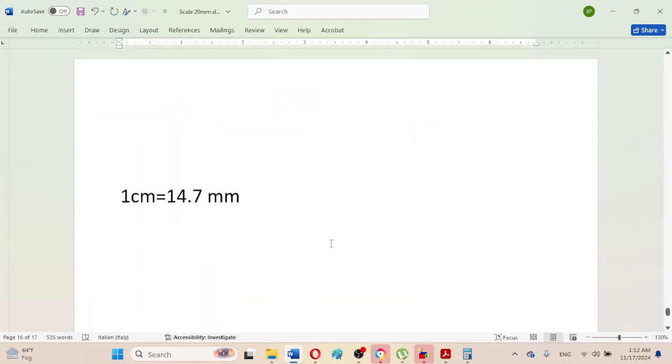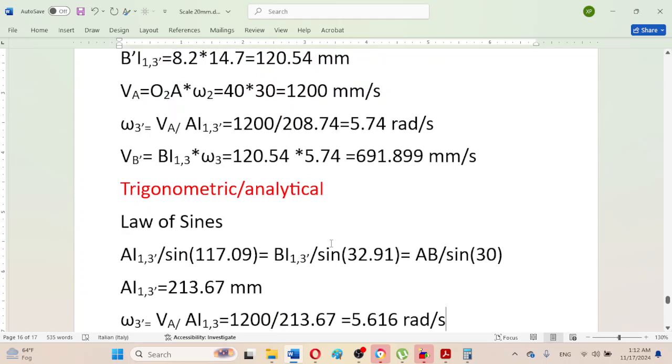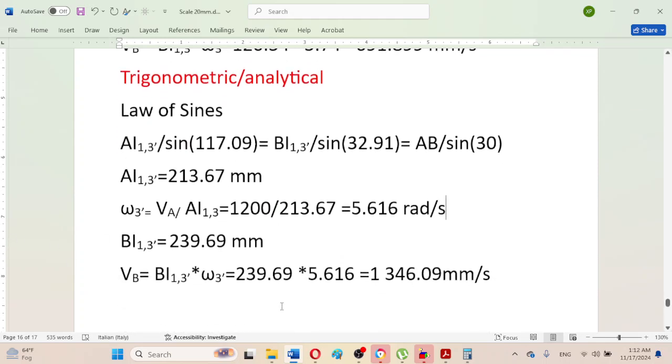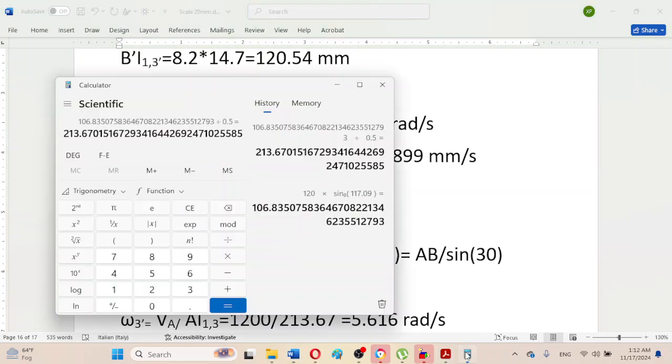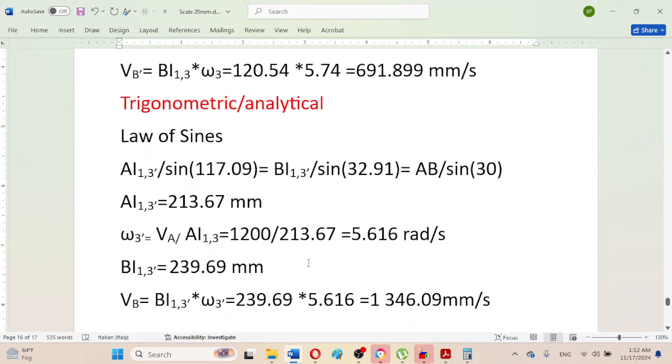Now calculate the remaining part, omega 3 dash times BI3 dash. Analytically, BI13 dash will be equal to AB multiplied by sine of 32.91 divided by sine 30.